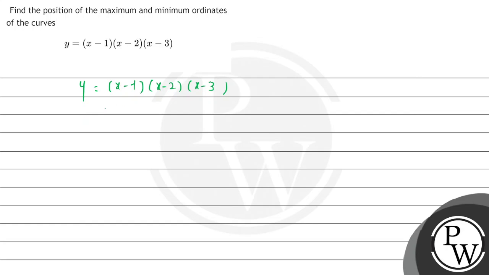So taking the log on both sides, log y is equal to log of the product.